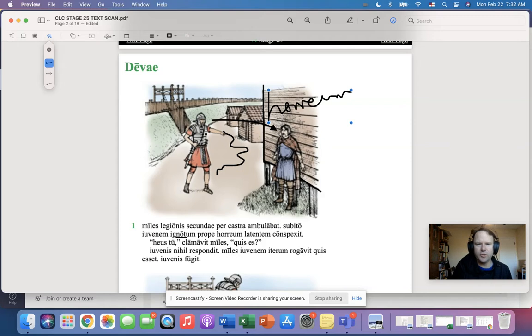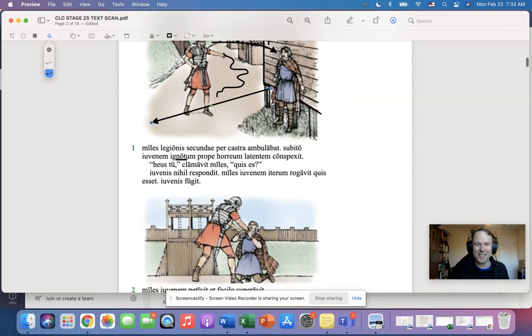Hey, tu, clamavit miles. Quis es? Homo nihil respondit. Miles hominem iterum rogavit quis esset. Homo fugit. So he's not interested at all in answering that question, quis es.